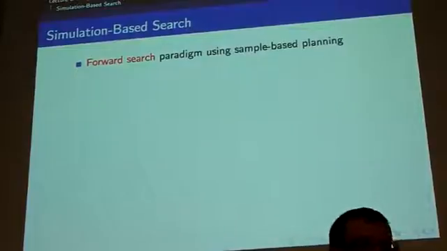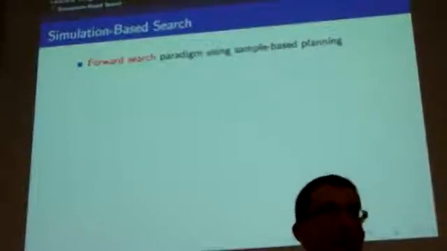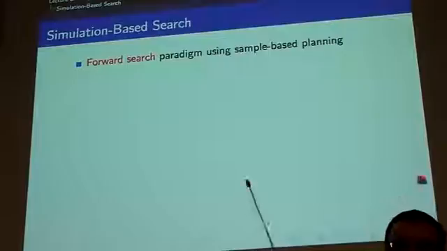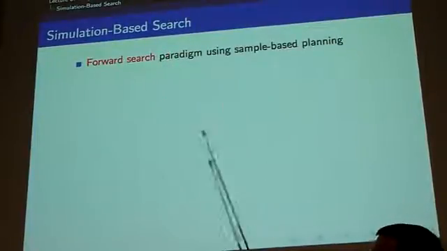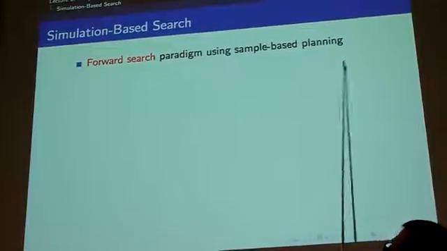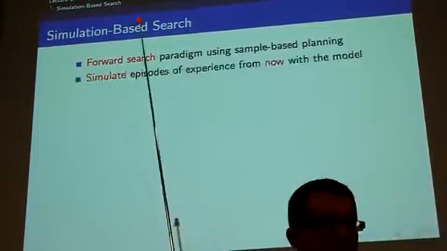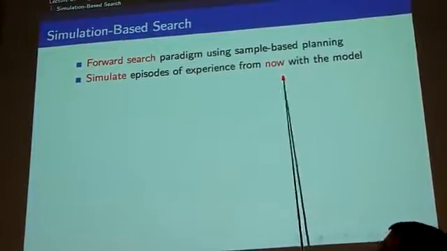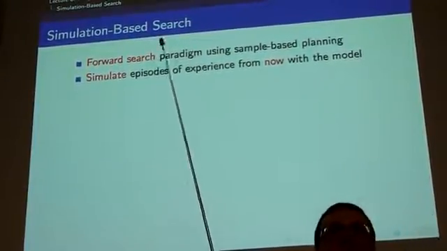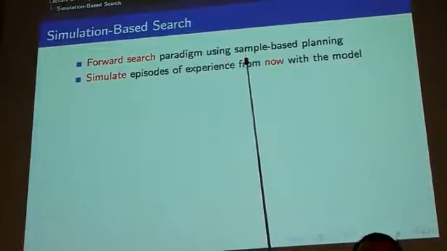Okay, so simulation-based search is a forward search paradigm that uses sample-based planning. So it's combining two ideas, which is doing this forward search by sample-based planning. And the idea is very straightforward. The idea is to start from now, so you start from the current state, and then simulate episodes of experience that start from now.